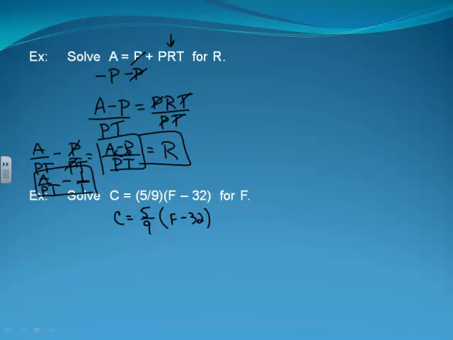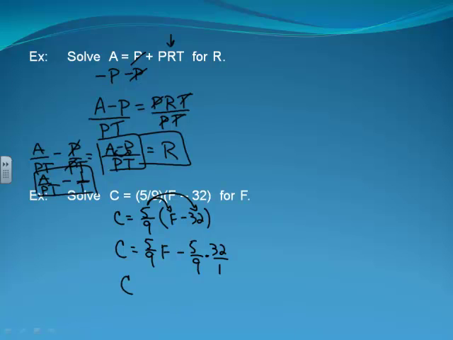Remember when we were solving equations in Module 6 and we were clearing fractions, we said that when you clear fractions, you want to distribute that 5/9 to that group before you clear fractions. And so we're going to do the same. So we've got C equals 5/9 times F minus 5/9 times 32, or 32 over 1.